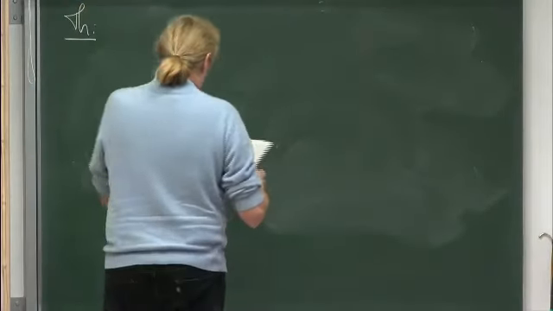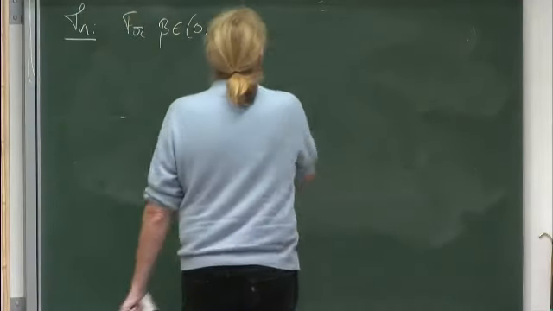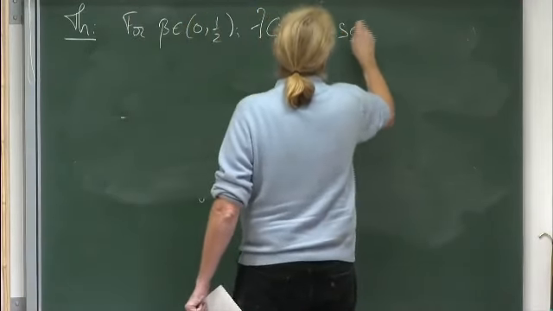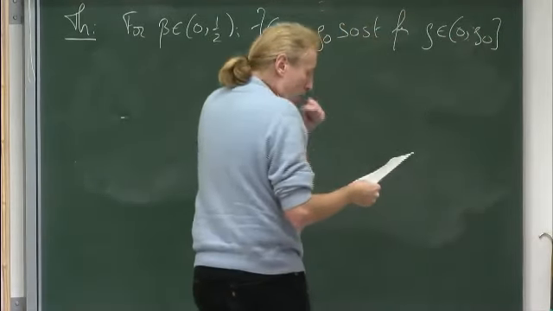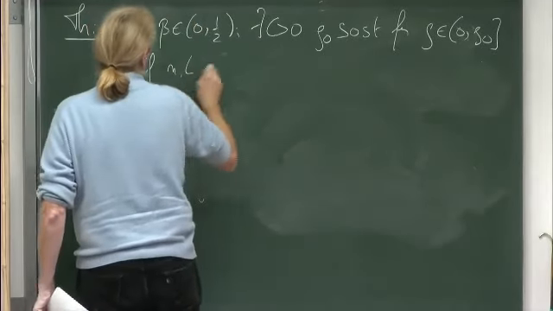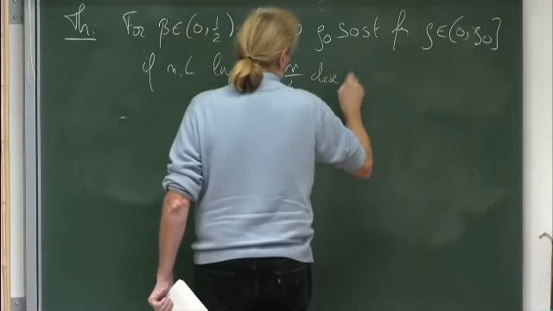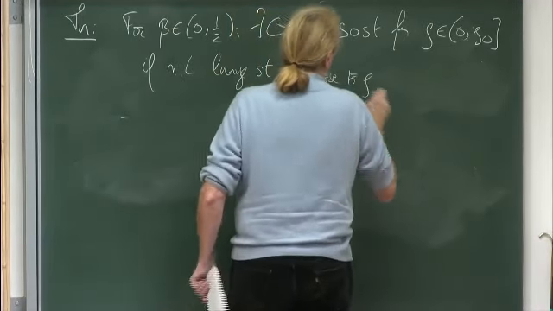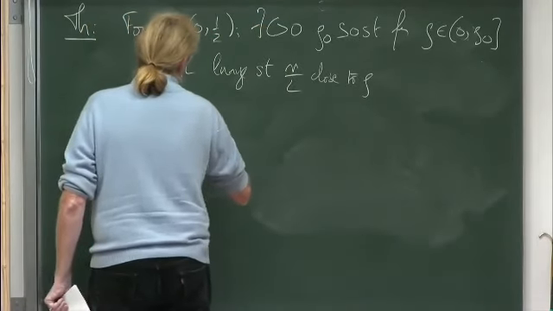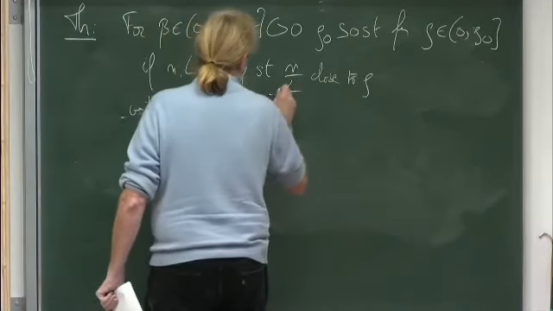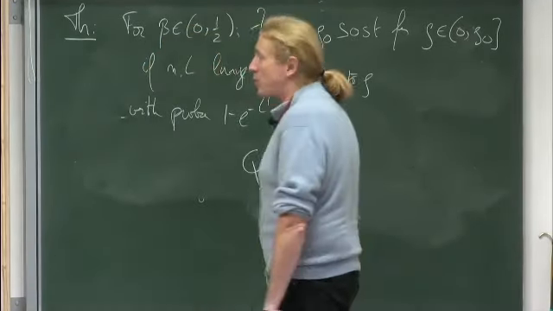One more theorem. For beta in (0, 1/2), same thing as before, you can find a positive constant C and a positive rho_0, such that for rho in (0, rho_0), if N and L are large, such that N over L is close to rho, then with probability 1 minus e to the minus L^beta, you can compare the occupation numbers.